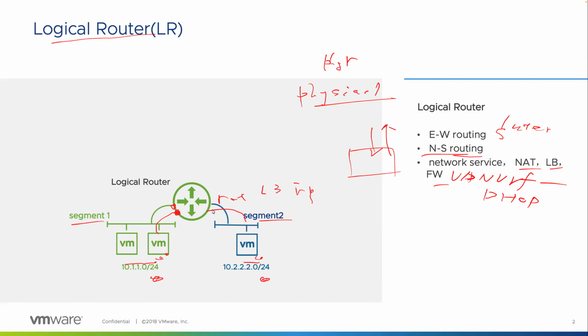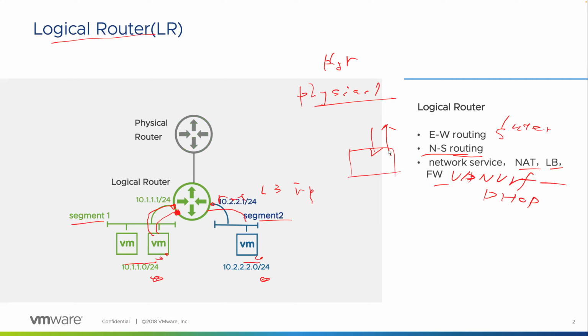Here's the blue segment's gateway. So we route the traffic from the green one to the blue one. That's traditional routing.